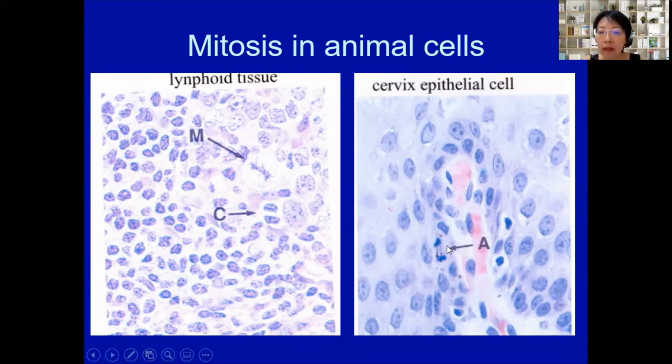Now here, this is undergoing anaphase, V-shape anaphase. This is in cervix epithelial cell. Epithelial cells are like our skin cells, which line the surface of our body which faces the external environment. It can be on your skin, or your airways, like trachea, bronchus, bronchiole, alveoli.